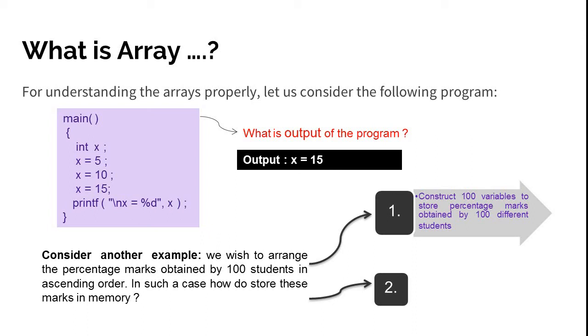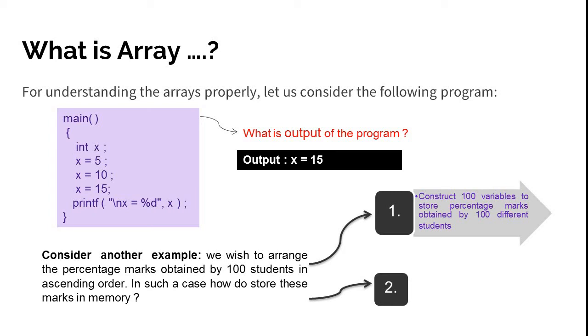Because if we declare a variable like integer x, then this variable is capable of holding only one value, so it can store only the marks of one student. If there are 100 students, then I have to declare 100 variables to store the marks obtained by 100 different students. But you can see it is not a quite efficient way to store these marks.